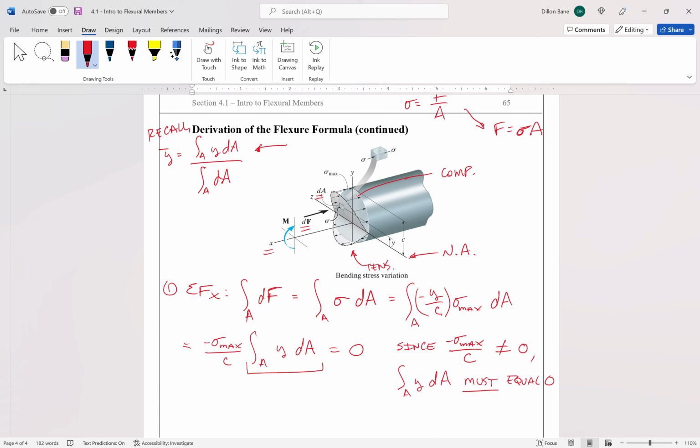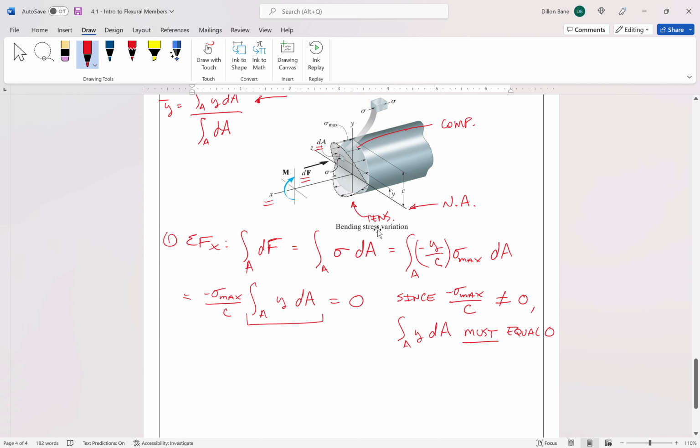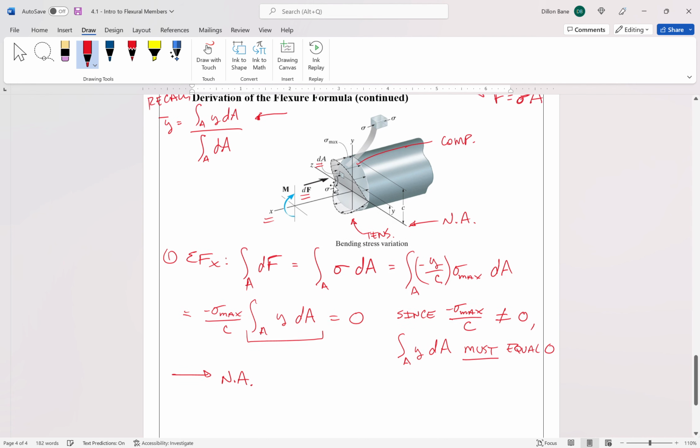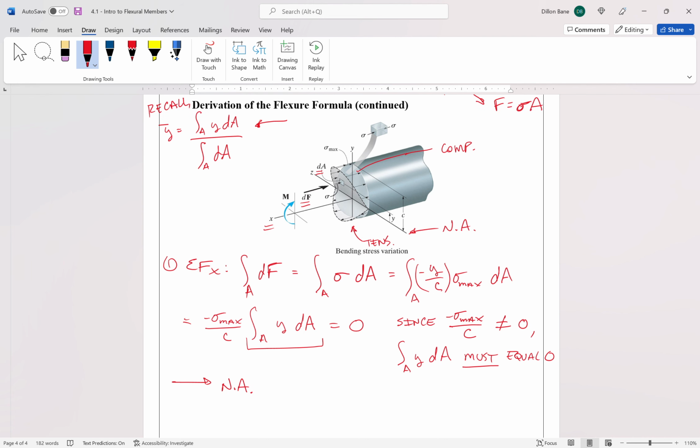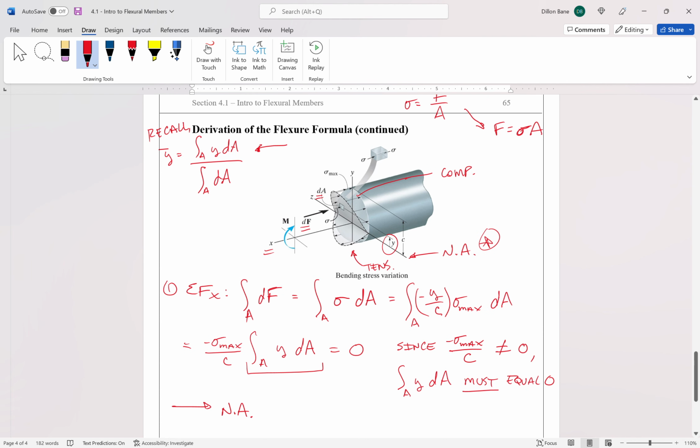And if y bar must equal 0, what this whole equation tells us, the whole purpose of this exercise, is that our neutral axis, because all of our neutral axis depends on where y is, right? This is the neutral axis, this is our variable y. Y is the distance from the neutral axis. So wherever we put that coordinate system, our y bar has to equal 0.